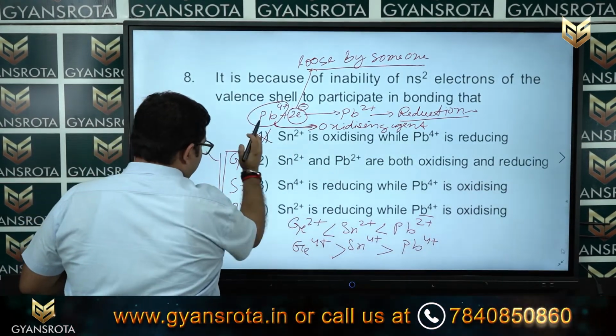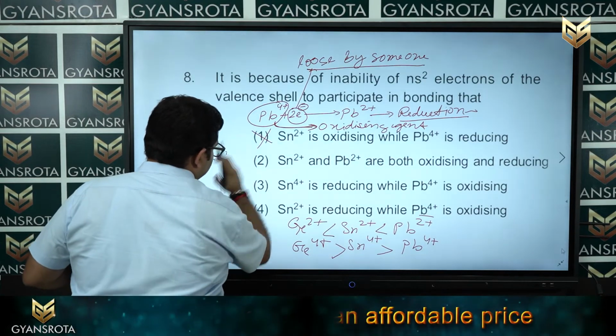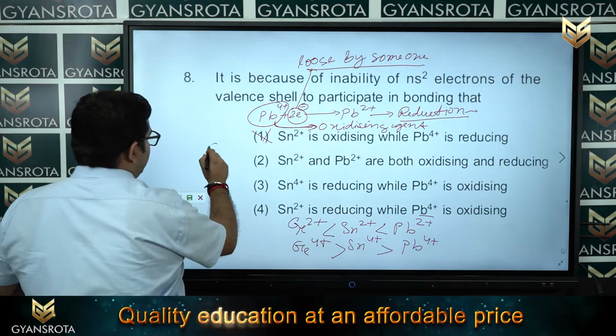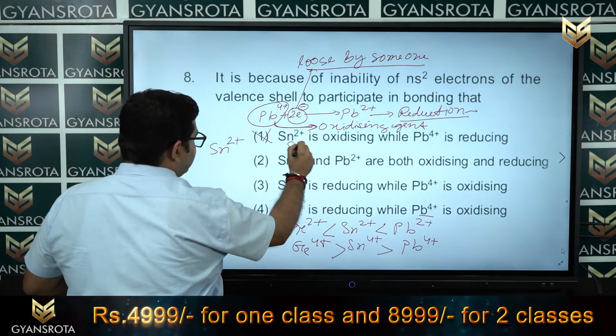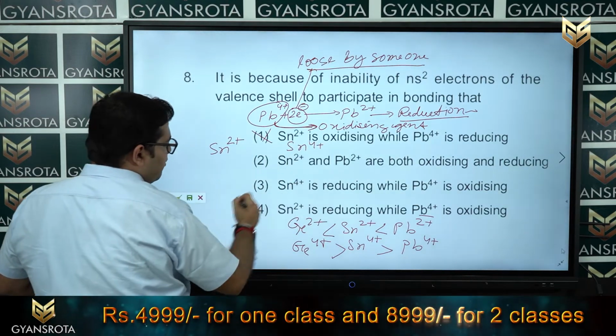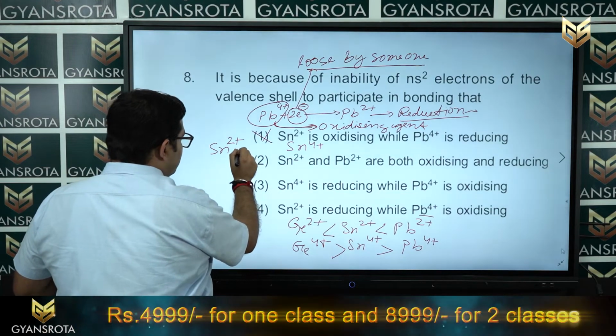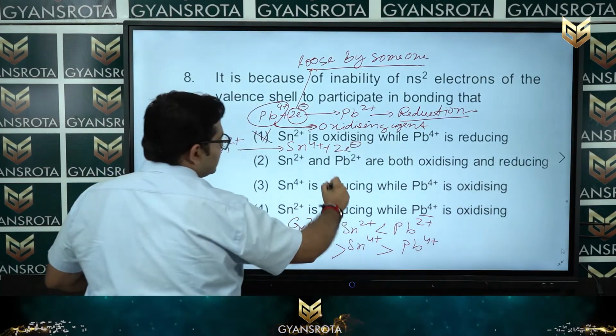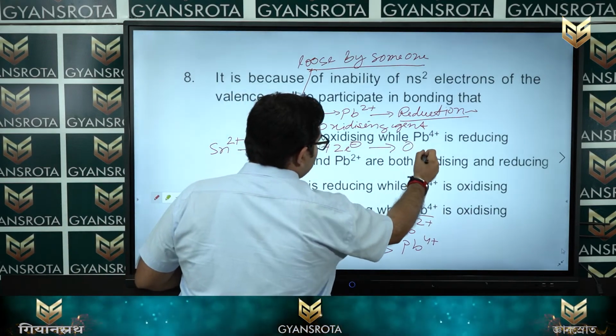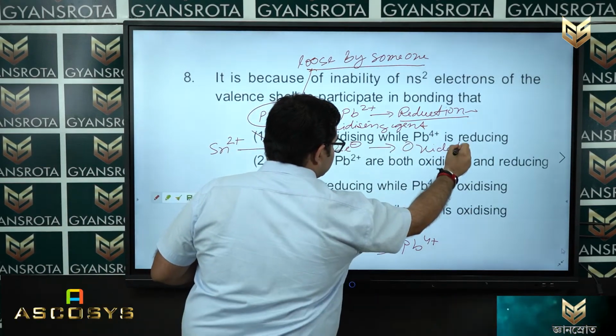Now in another one, that is your Sn2+ and Sn4+. So Sn4+ is more stable. So what will happen? Sn2+ loses 2 electrons. So this process is basically called the oxidation process.